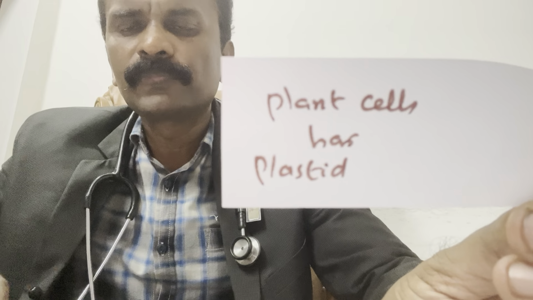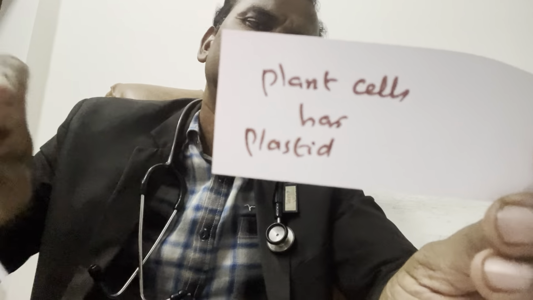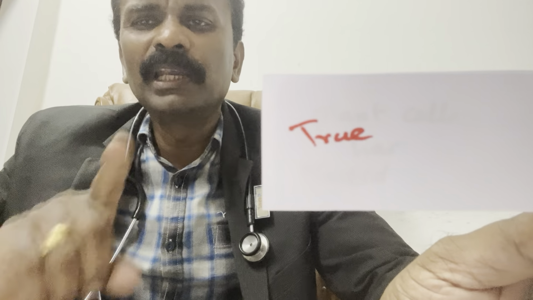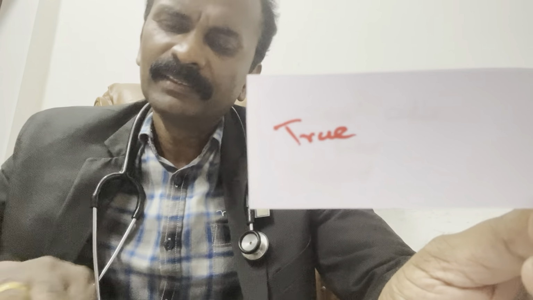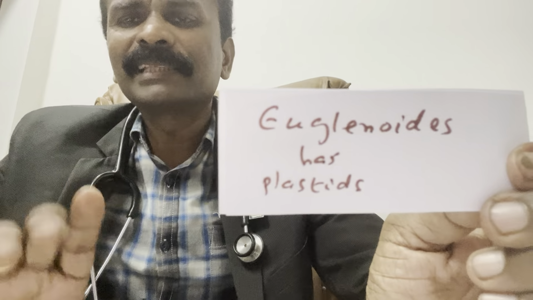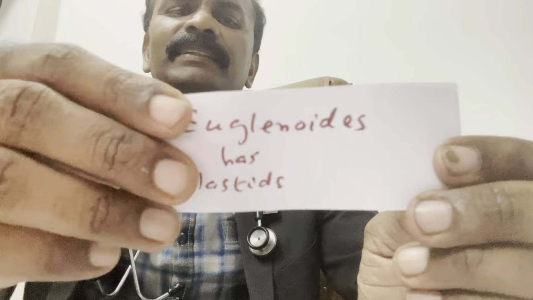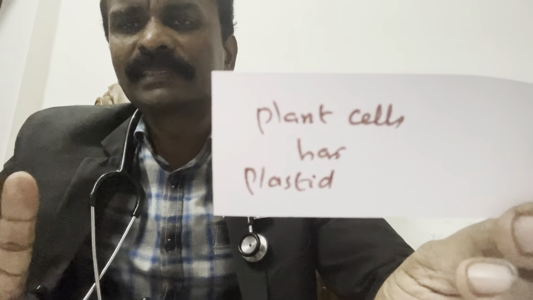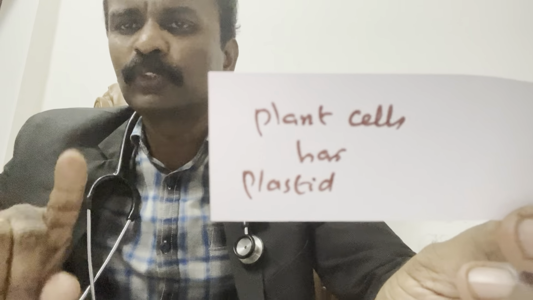True or false? It is a true statement. Your textbook says plastids are found in euglenoids and plants. That's all as per your textbook. So be very careful while answering such questions.